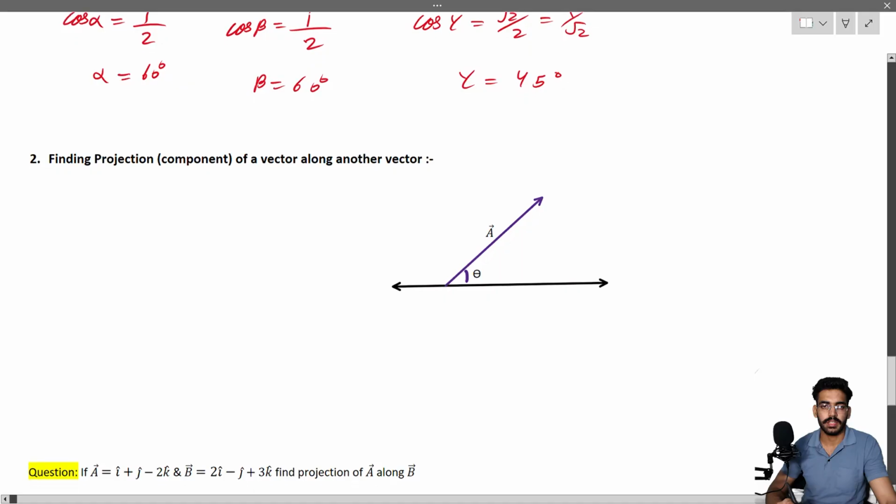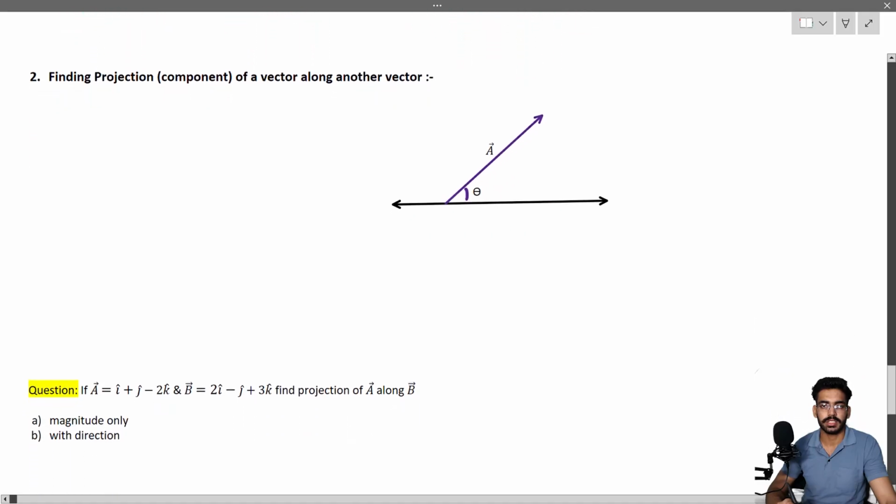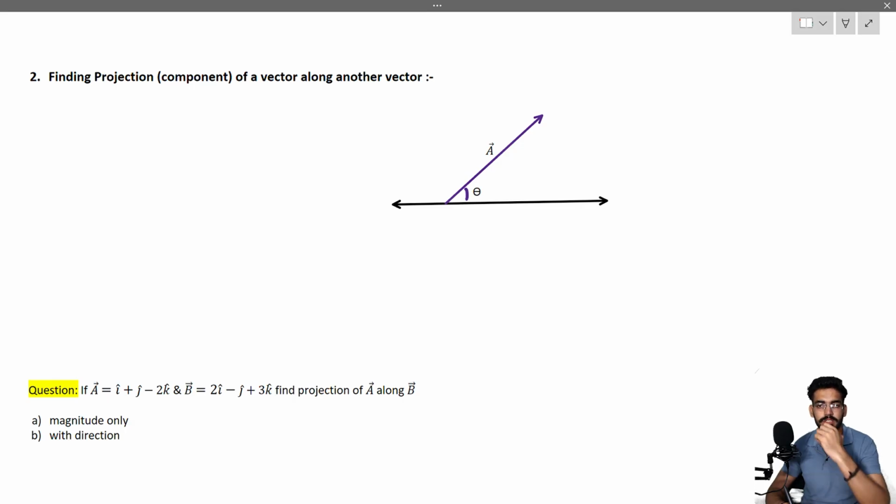Now next very important thing is finding projection of the vector along another vector. Okay, finding projection, how to find out the projection. What is projection first of all? So if you have any vector like this, okay, we have a vector here.